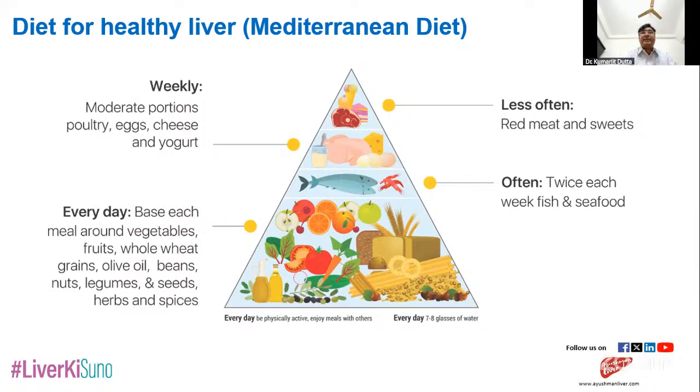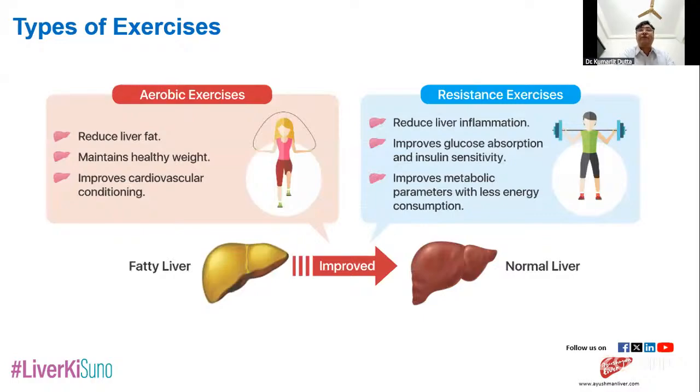Now, the type of exercise. A sedentary lifestyle is a very important risk factor for fatty liver disease. So a person habituated to a sedentary life cannot do vigorous exercise very soon. It should be started with simple aerobic exercises to reduce the fat level in the liver and maintain a healthy weight.